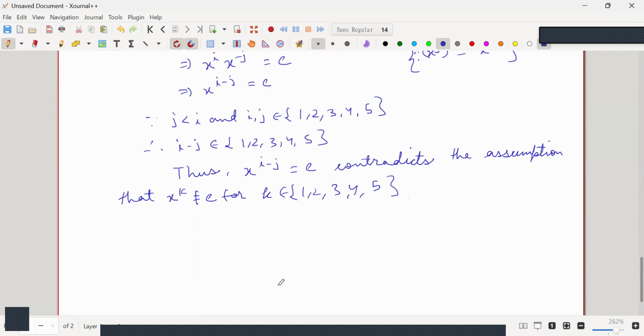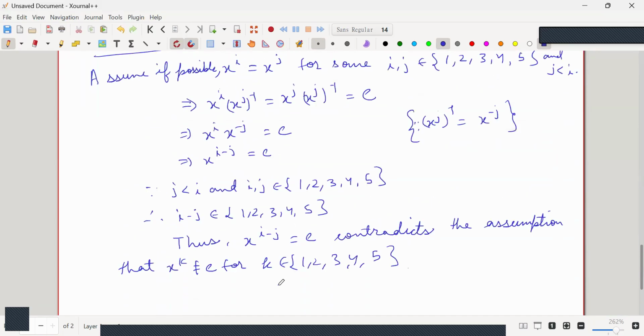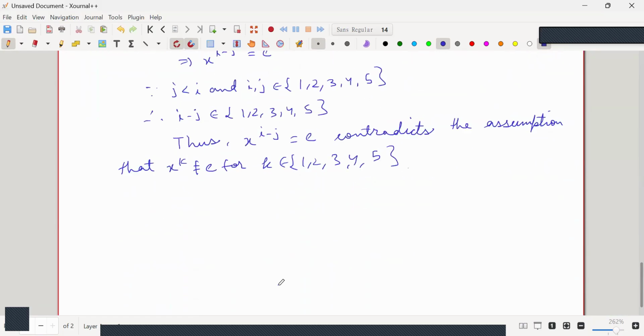So, this is a contradiction. Thus x^i cannot be equal to x^j for any i, j between 1 to 5. And this implies that 1, x, x square, x cube, x^4, x^5 are all distinct elements.